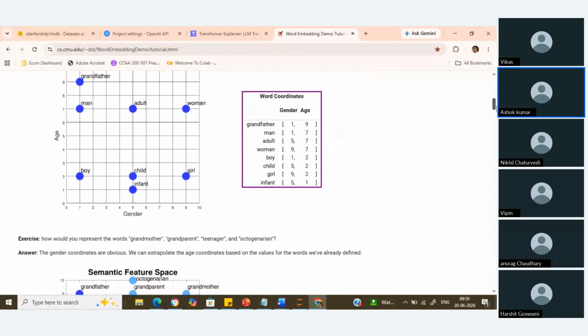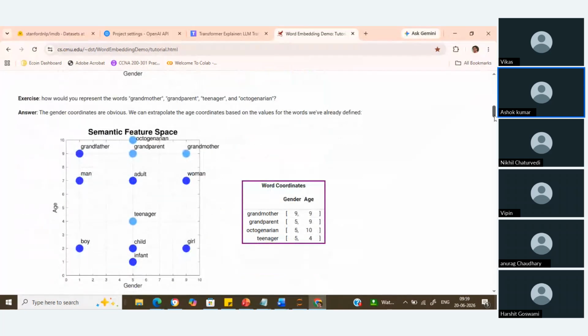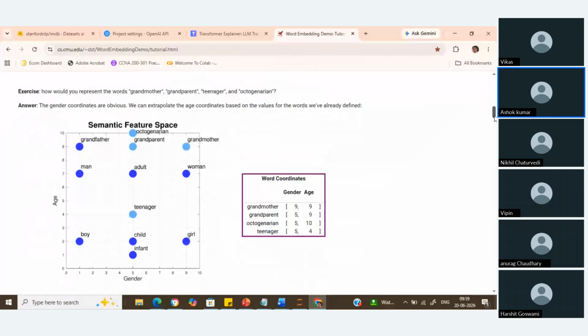We have discussed how we prepared these coordinates. Now, what you need to do is represent the words grandfather, grandparent, teenager, and octogenarian guardian. You just need to put these words over here: grandparent, octogenarian guardian, grandmother.